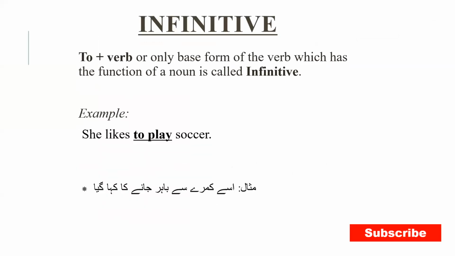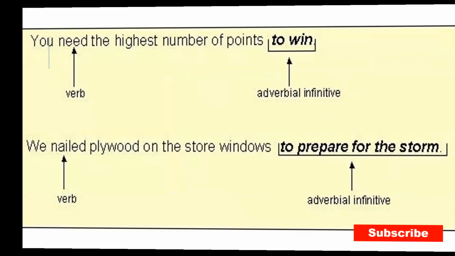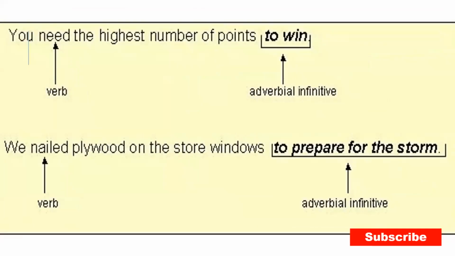So let us now move towards another example. We have "You need the highest number of points to win." All right. So basically, here the main verb, the finite verb, is "need", as it is telling us about the compulsion. Here, "need" is the modal auxiliary, and I have told you that modal auxiliaries are finite verbs.